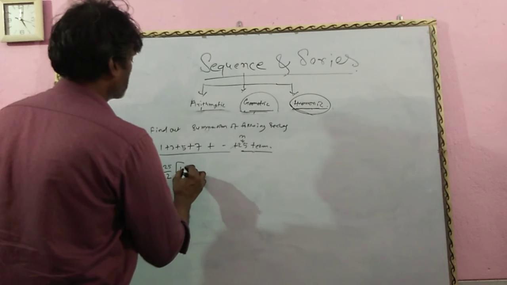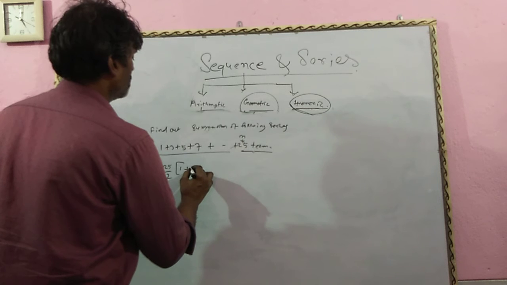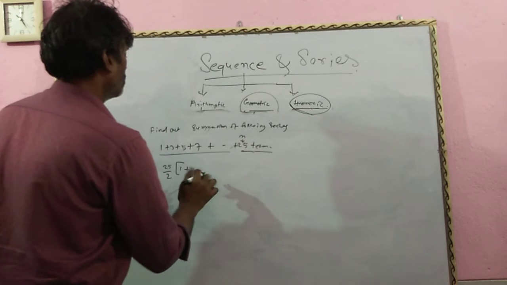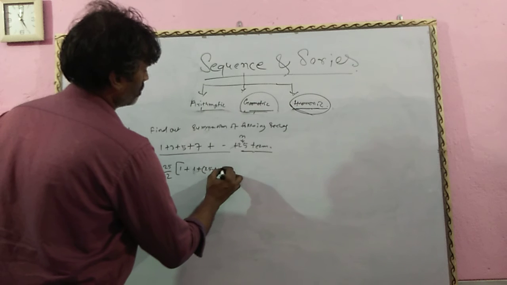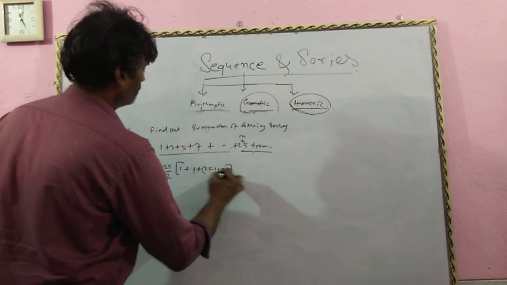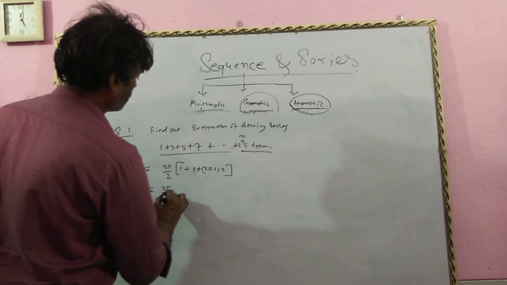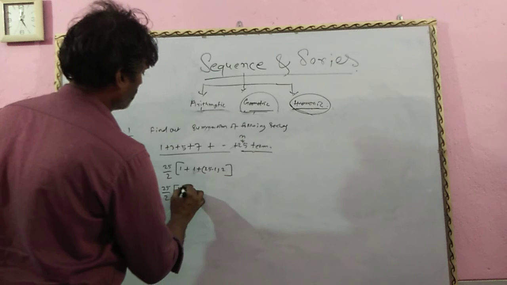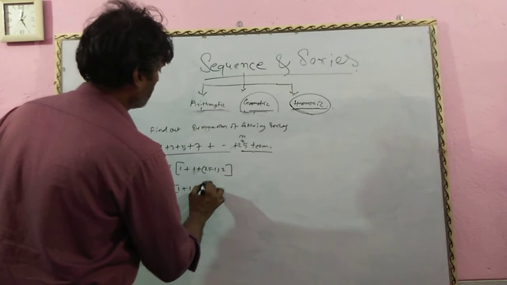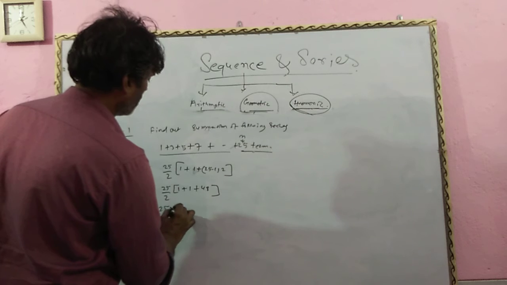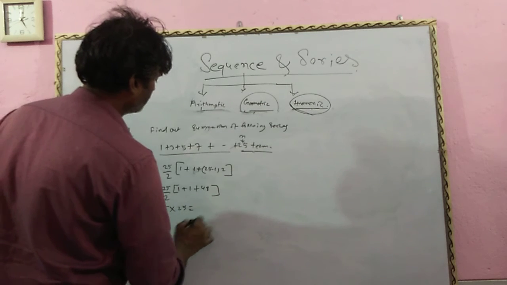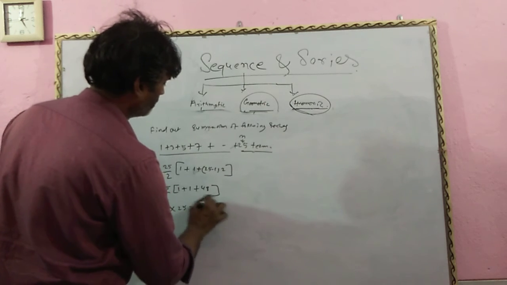With n = 25, that is 25/2 times (first term 1 plus last term). The last term is 1 + (25 - 1) × common difference, and the common difference is 2. This will be 25/2 (1 + 1 + 48), which is 25 × 25, which is 625.